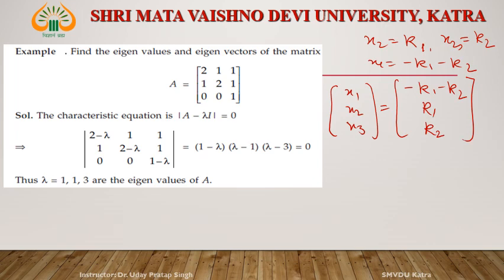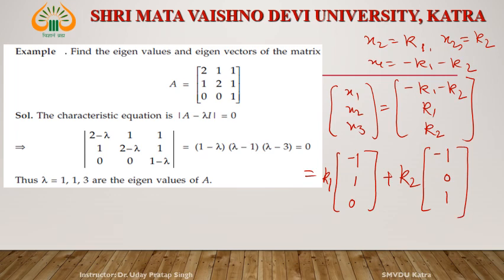Write it in this way: k1 times (minus 1, 1, 0) plus k2 times (minus 1, 0, 1). So for lambda equal to 1, the vectors are minus 1, 1, 0 and minus 1, 0, 1.